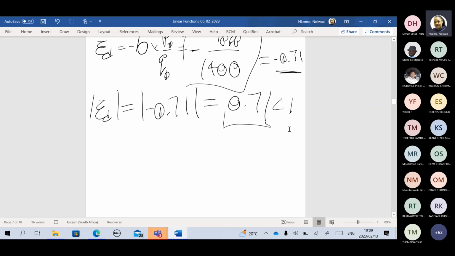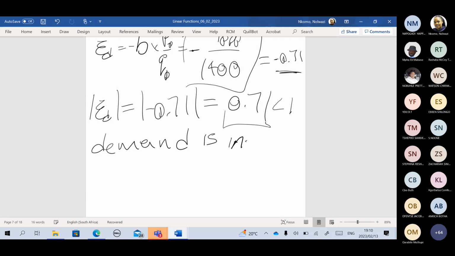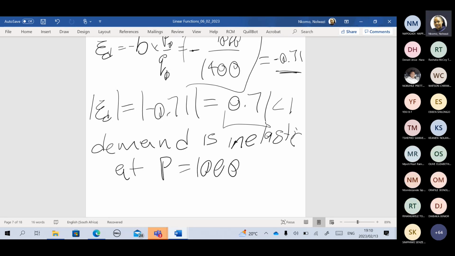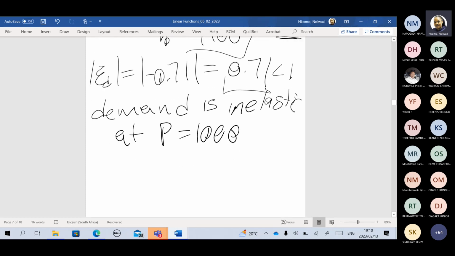Since the absolute value of the elasticity of demand is less than 1, we interpret and say the demand is inelastic at this price, P equal to 1,000.